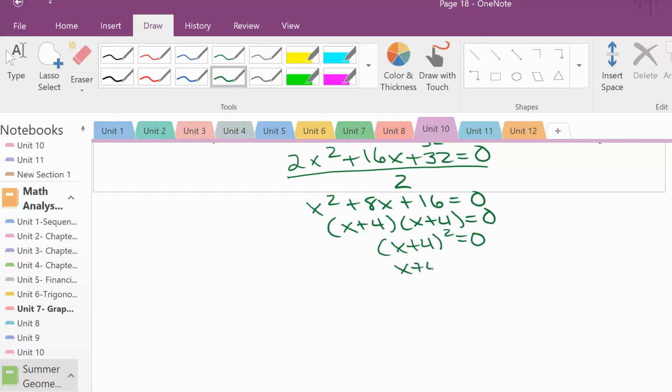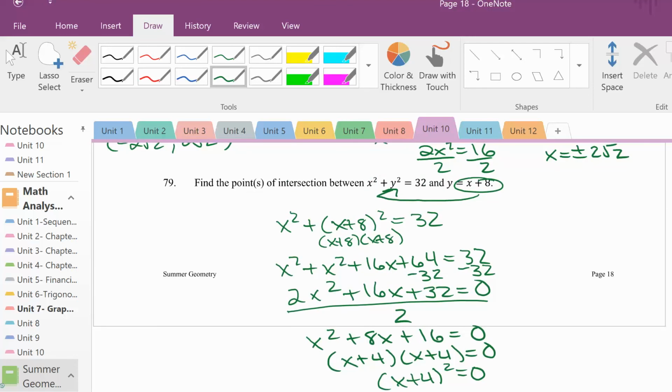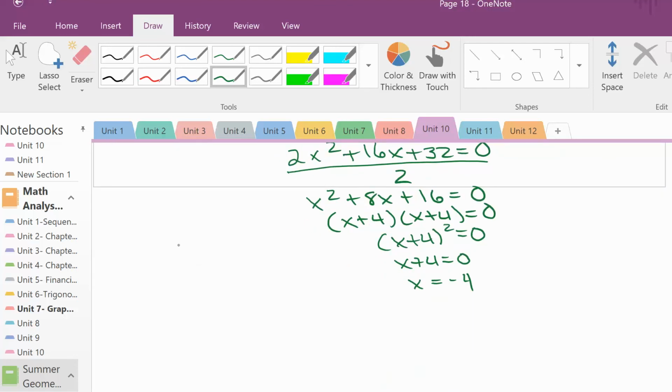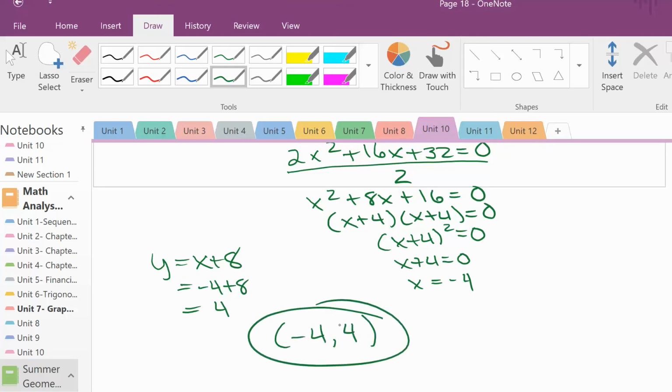So x plus 4 equals 0. So x equals negative 4. So if x equals negative 4 and y equals x plus 8, then it's equal to negative 4 plus 8, which is positive 4. So the point of intersection is negative 4, 4.